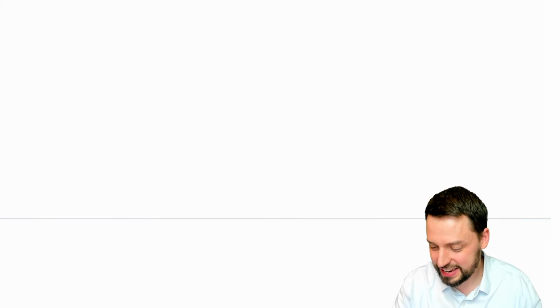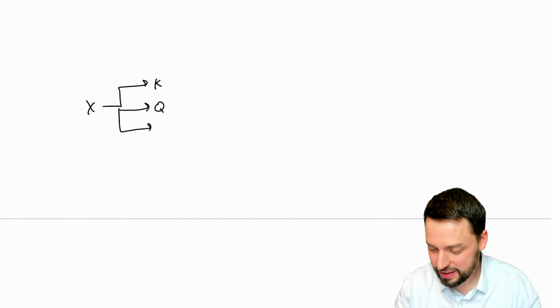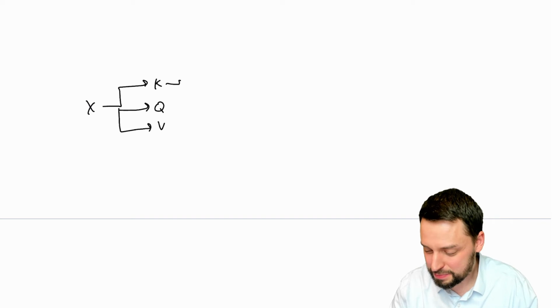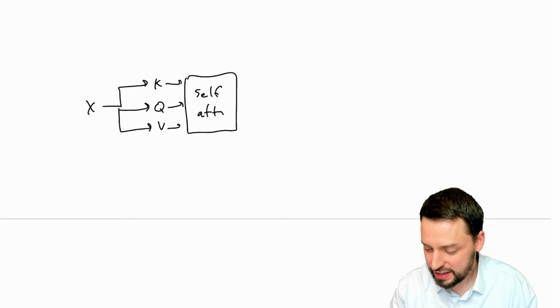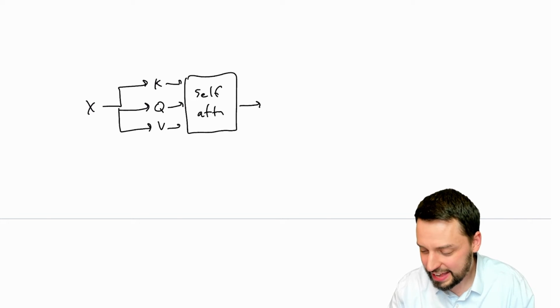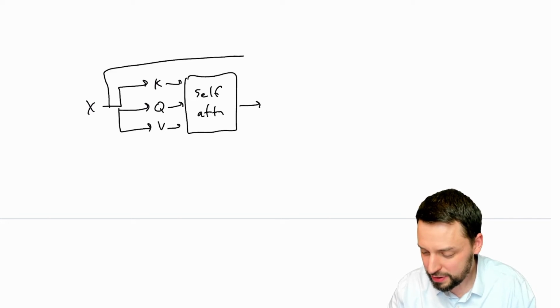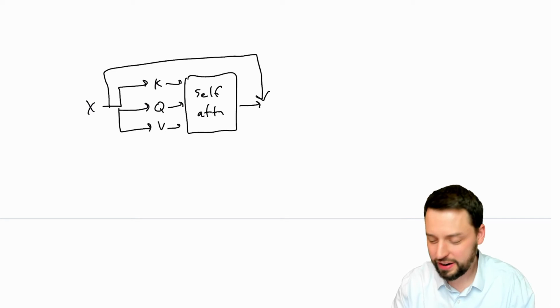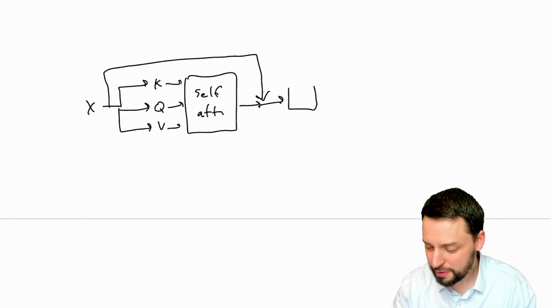So what a transformer does is it takes X as input, forms from this K, Q, and V, puts these three into self-attention, adds together the input as a residual layer and puts this into layer norm.